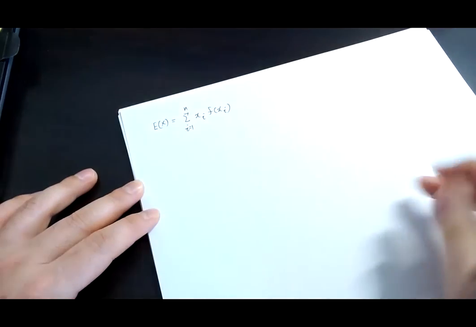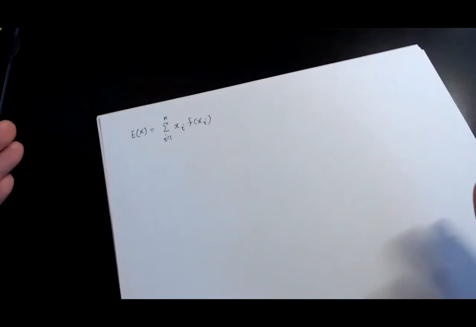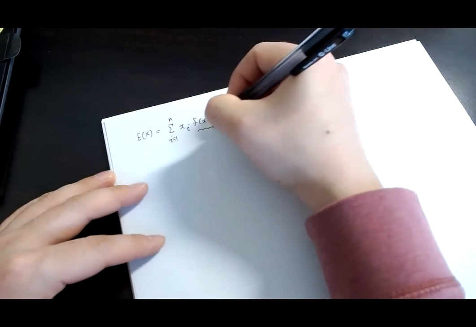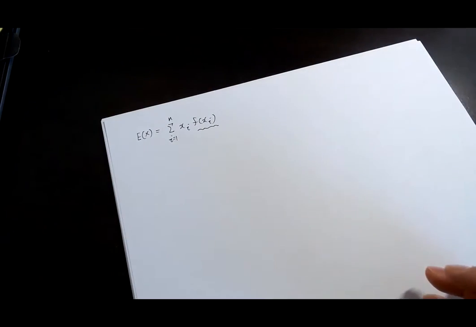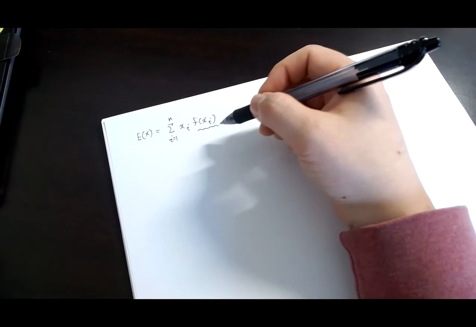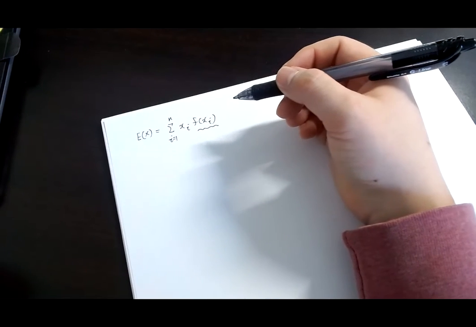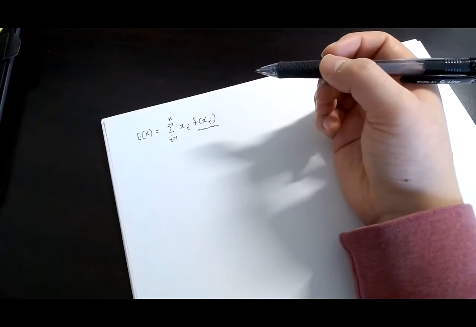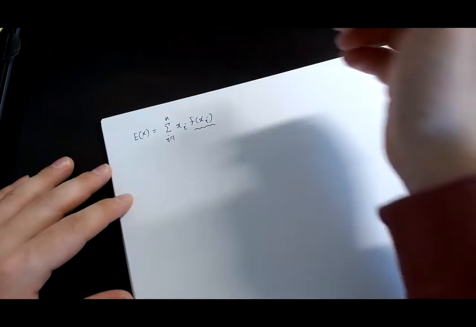Here xi denotes the ith value of the random variable, and f of xi is the probability mass function at xi if the random variable is a discrete random variable. For a continuous random variable, f of xi denotes the probability density function at xi.